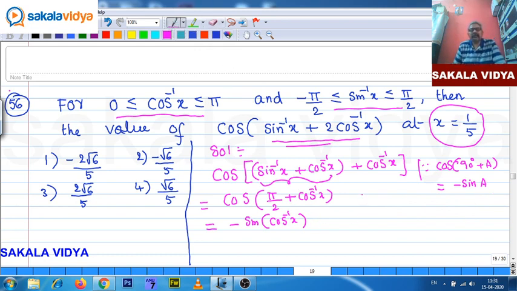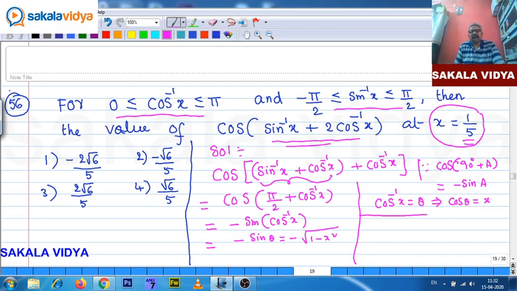So now let us say cos inverse x is equal to theta. This will be cos theta is equal to x. This becomes minus sin theta. So this sin theta we can write as minus root of 1 minus x square. So now in the place of x, 1 by 5 write down.